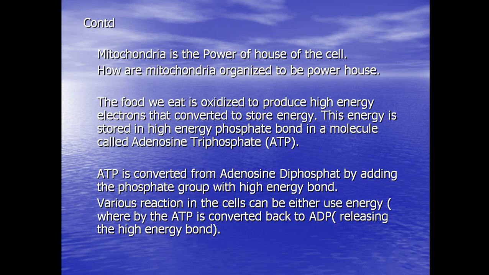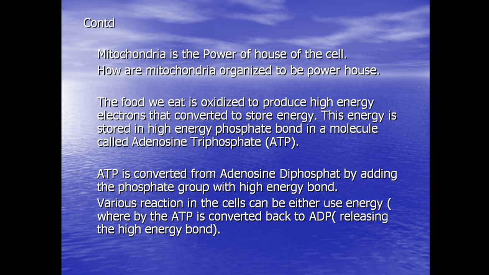Especially the energy is stored in the high energy phosphate bonds in a molecule, which we call adenosine triphosphate or ATP. Whatever food we eat should ultimately be able to produce ATP molecules, which are called the energy currency of the cell.